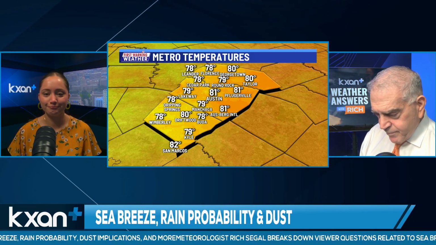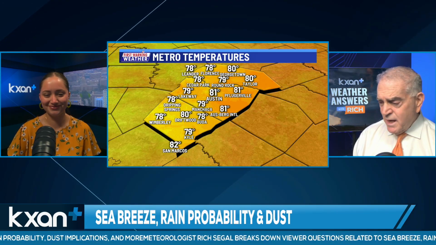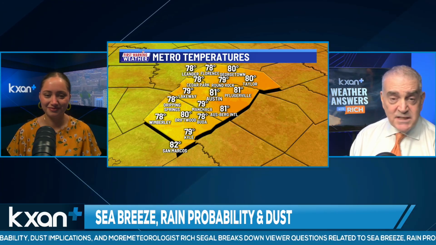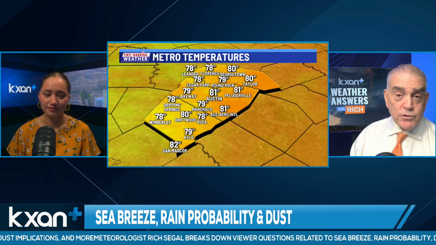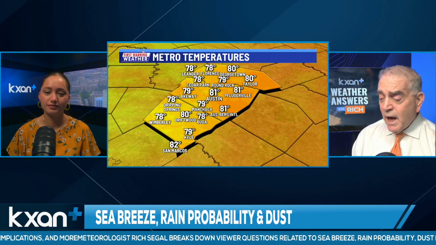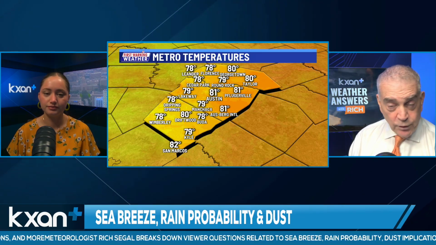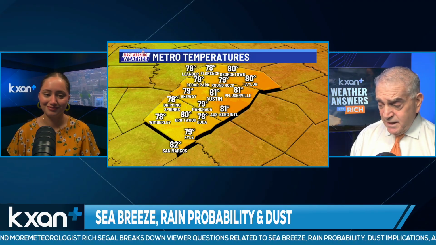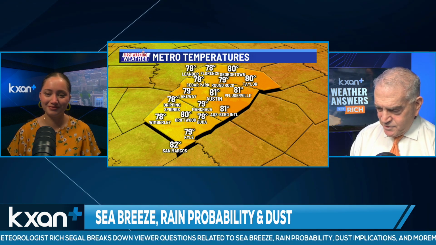Now, this map that I have up here, the one that says Metro Temperatures, it's a busy map. It has about 15 or 16 locations on it, and so you really have to look quick because usually when I'm working these maps, I'm identifying maybe 4 or 5, maybe 6 temperatures. I'm not going through the entire 16 that are on this particular map. I think it's 16. I'm trying to count in my head as I'm talking.